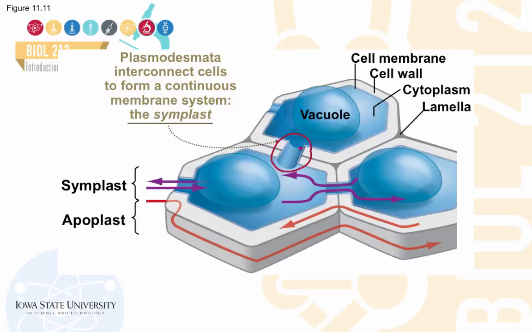So the cell membranes of adjacent plant cells are continuous with each other, resulting in a shared cytoplasm between adjacent cells. The other route that signaling molecules can take to travel through the plant body is via the apoplast, where molecules move through the extracellular space that exists around plant cells.